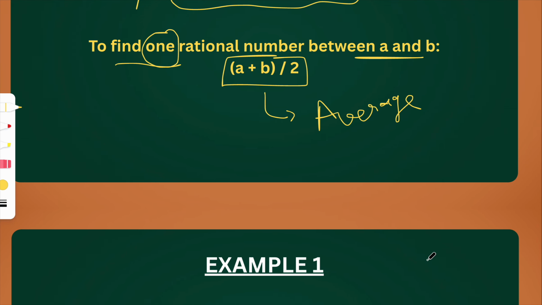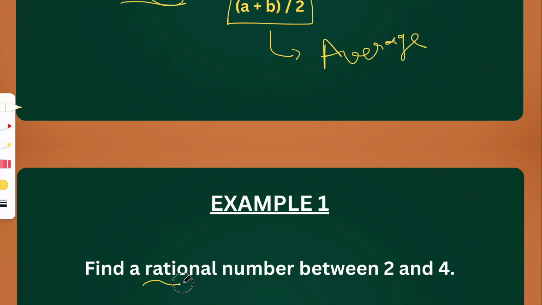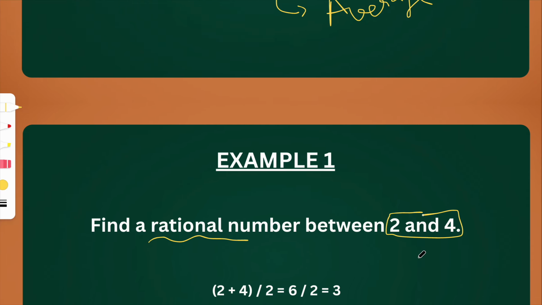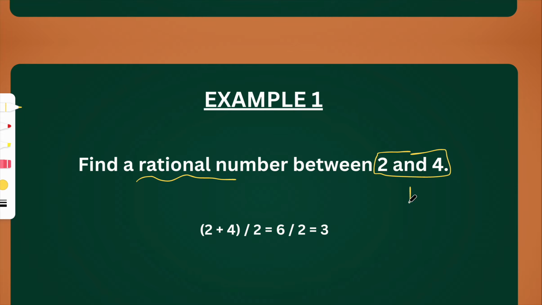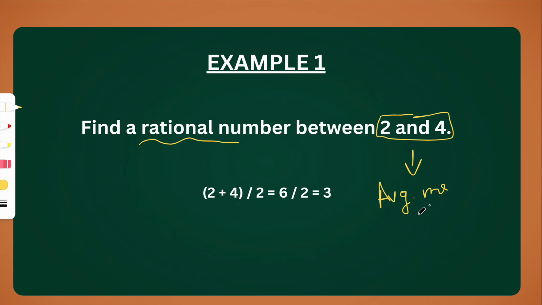If we take an example of finding a rational number between 2 and 4, a very easy example, we can use the average method here. What is the average method? It is basically (a + b)/2 and we get a rational number.